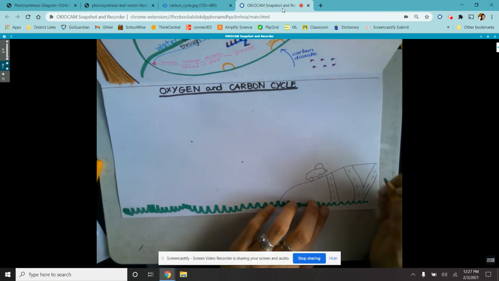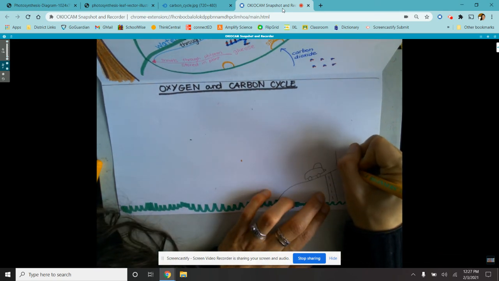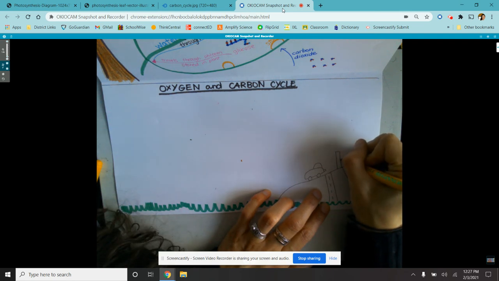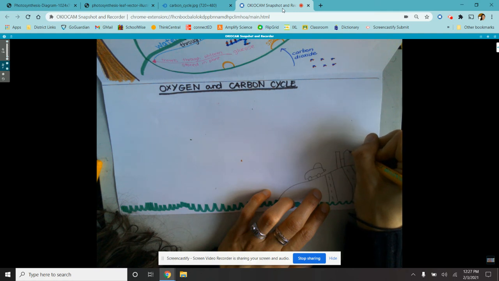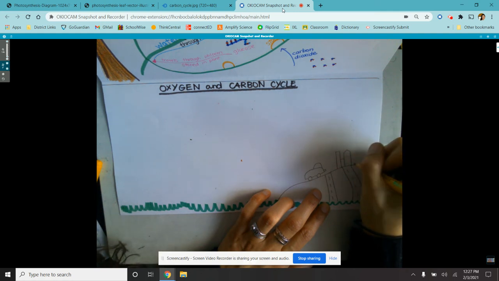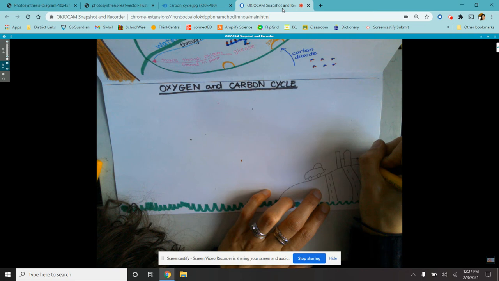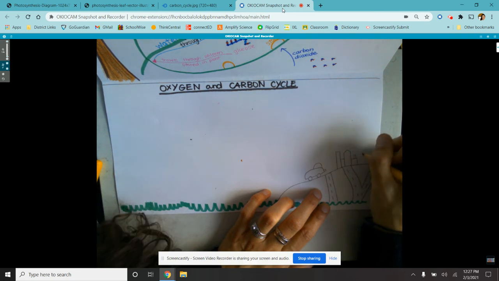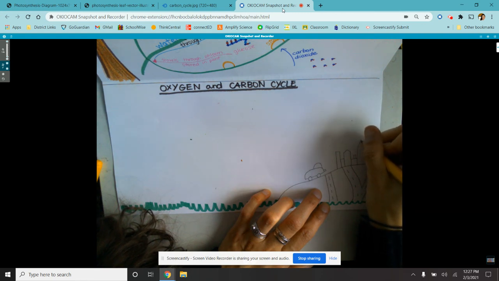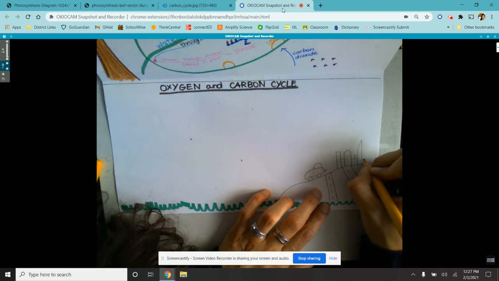I'm going to draw my little city. My version of the San Francisco skyline.